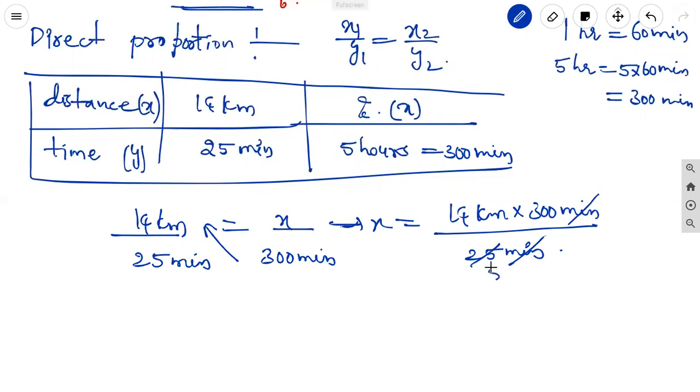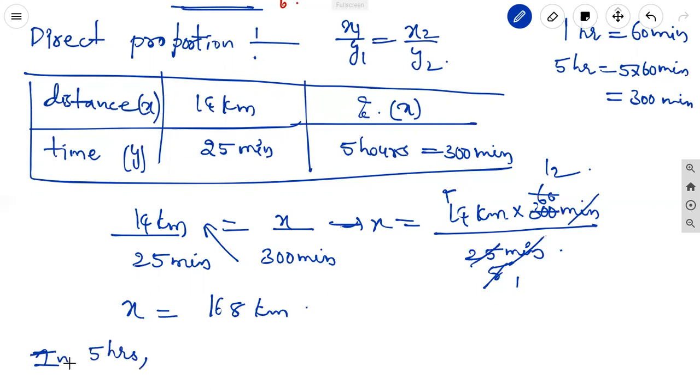Minutes cancel. 5 5s are 25, 5 60s are 300, 5 1s are 5, 5 12s are 60. Here 12 4s are 48, x equal to 4, 12 1s are 12 plus 4, 168 kilometers. In 5 hours, the truck covered 168 kilometers. It is the answer.